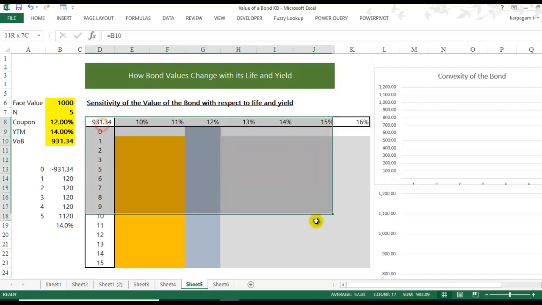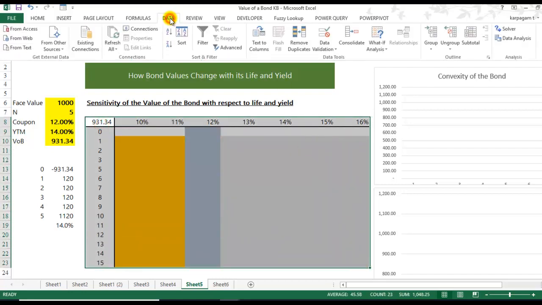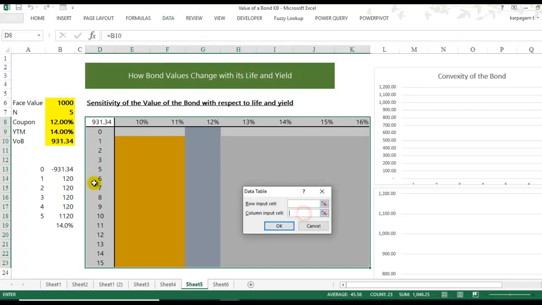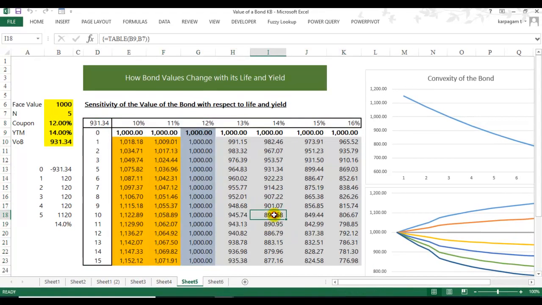And I'm going to use the What-If Analysis data table and input the life and the yield, and I get the value of the bond when the life changes and when the yields change.